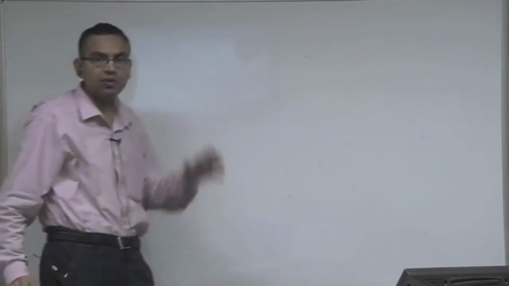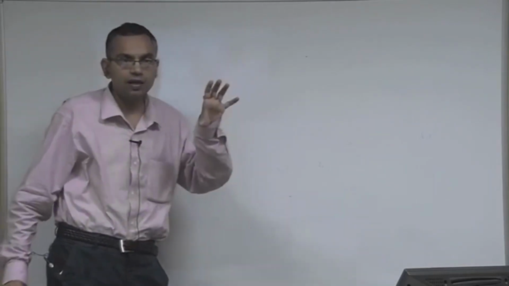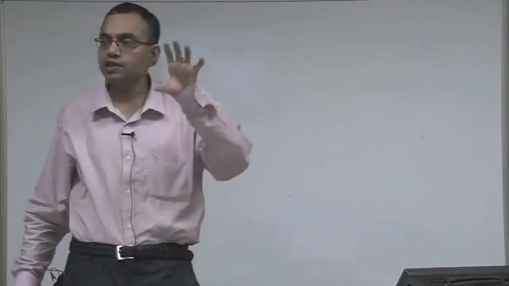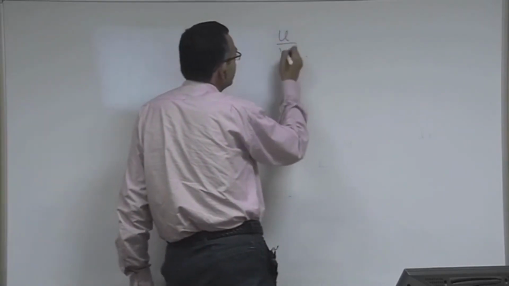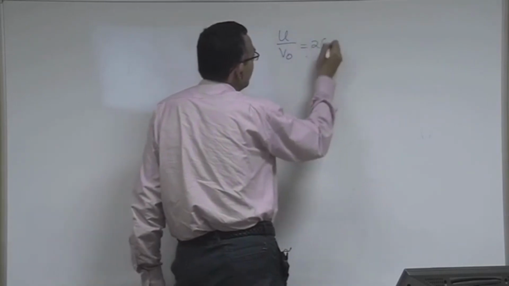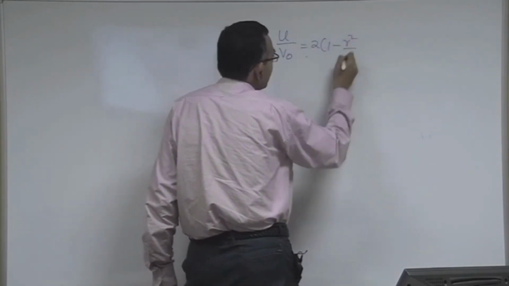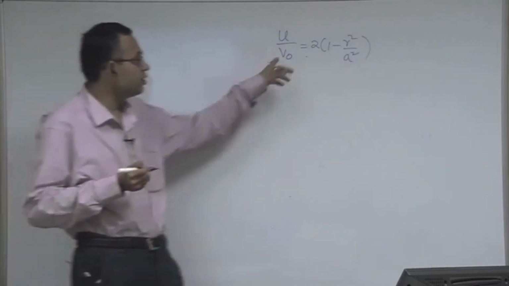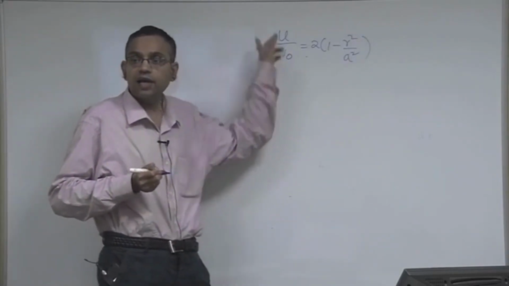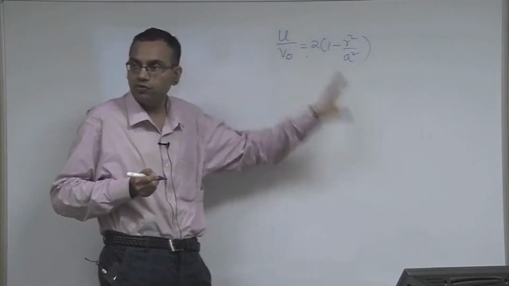So let us say that you have a cylindrical tube, and in the cylindrical tube there is a fully developed flow, so that u by u average is equal to 2 into (1 minus r square by a square), where a is the radius of the tube and V0 is V average. This is the Hagen-Poiseuille velocity profile, all of you can remember this.